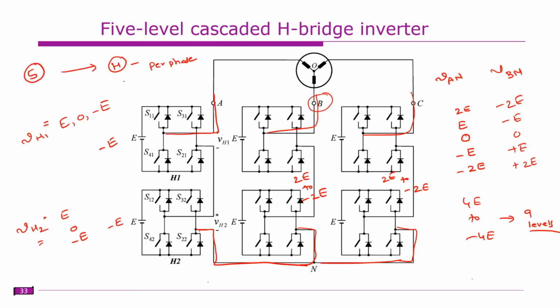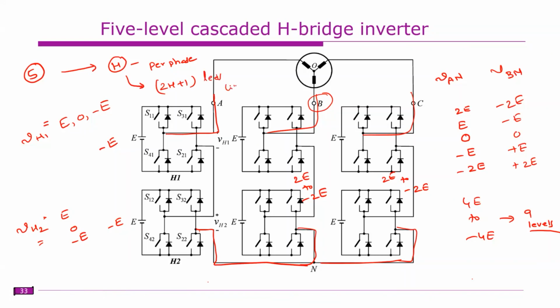Similarly, if you have H number of bridges, how many phase voltage levels can you get? It is 2H plus 1. So this much voltage levels you can get. So this is the number of phase levels.